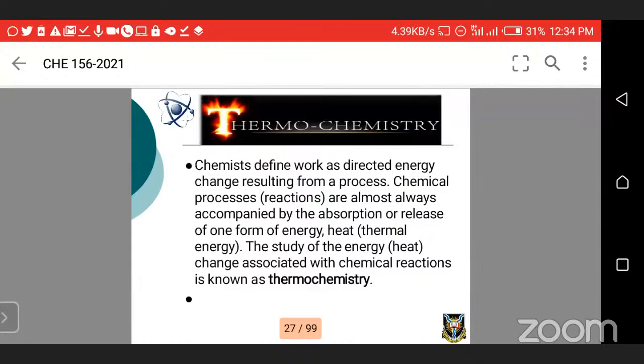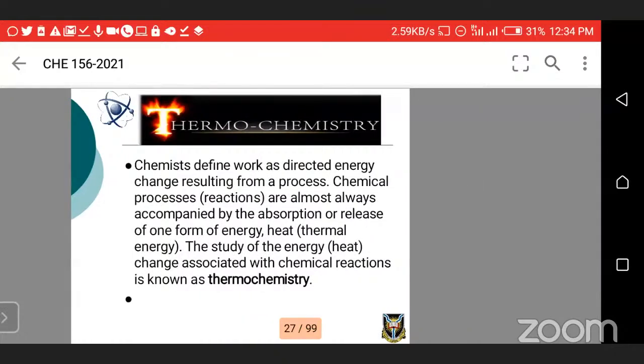So the study of the energy change associated with chemical reactions is known as thermochemistry.